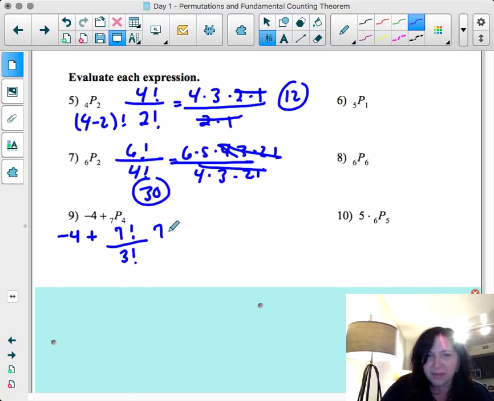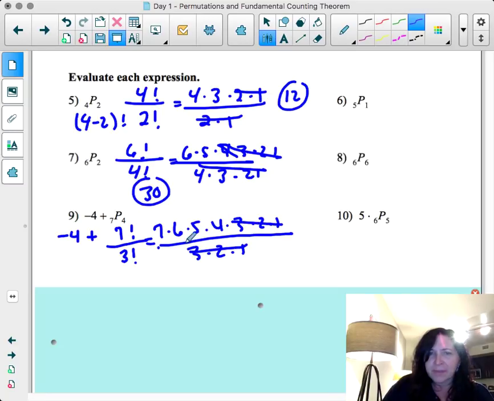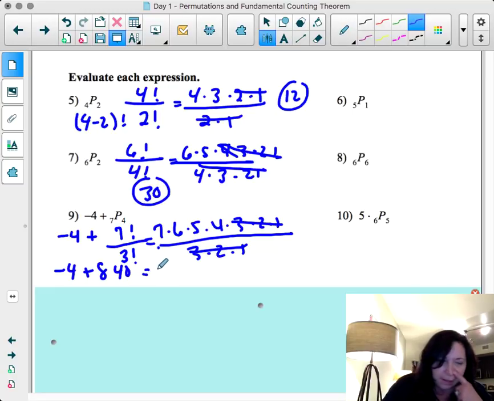Now that's going to be 7 times 6 times 5 times 4 times 3 times 2 times 1 over 3 times 2 times 1. So these cancel, and you end up getting 7 times 6 times 5 times 4, which I think is 840. So we have negative 4 plus 840, and so that becomes 836.